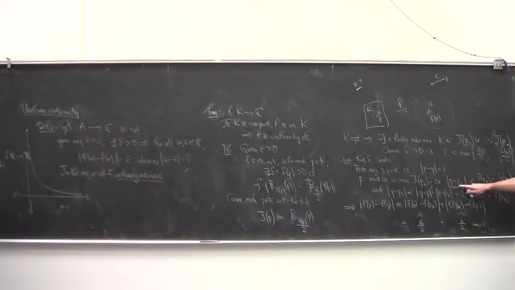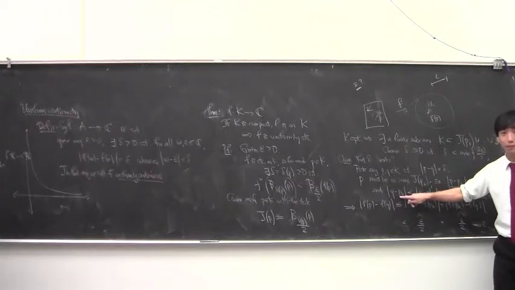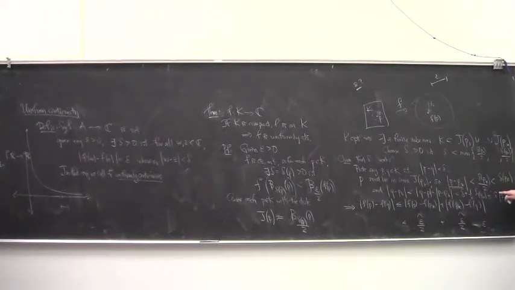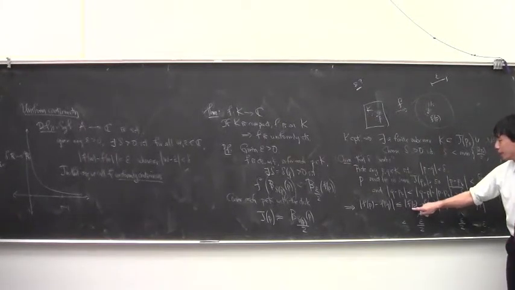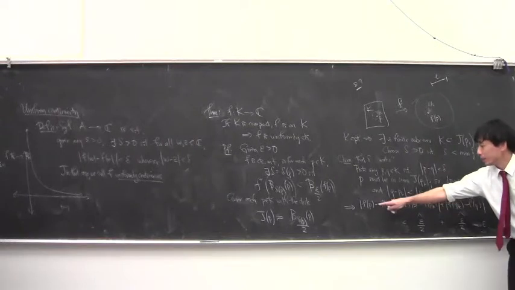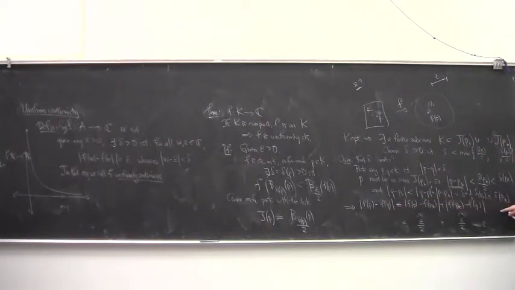What does that mean? That f of p minus f of pk is controlled by epsilon over 2. f of q minus f of pk is less than epsilon over 2. And so by the triangle inequality, the distance from f of p to f of q must be less than epsilon.